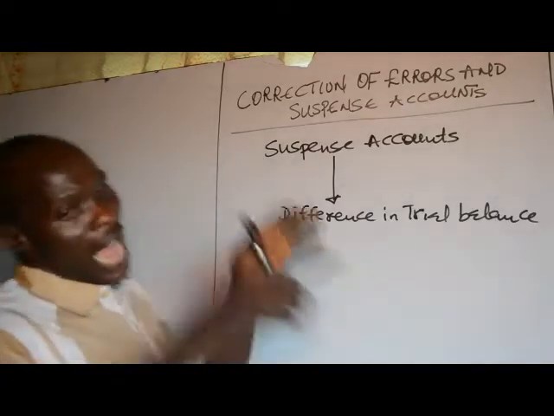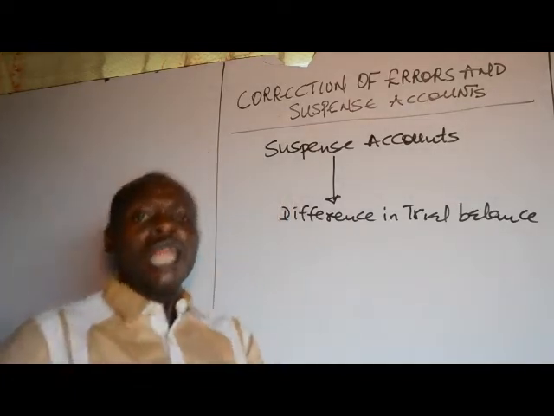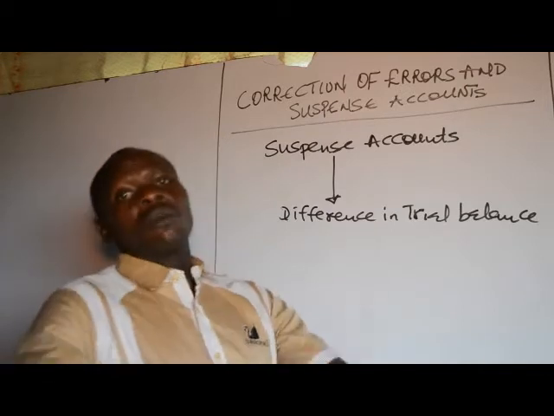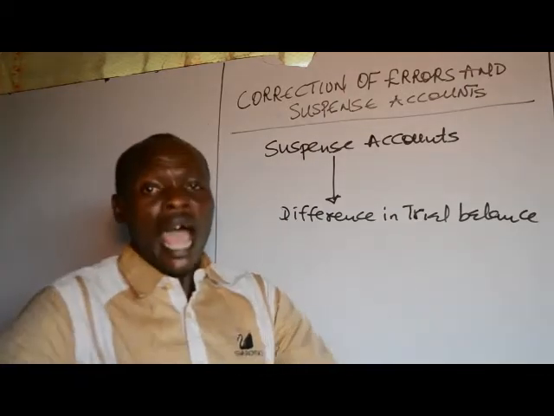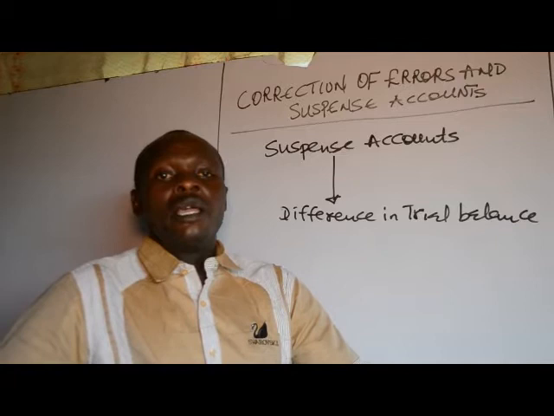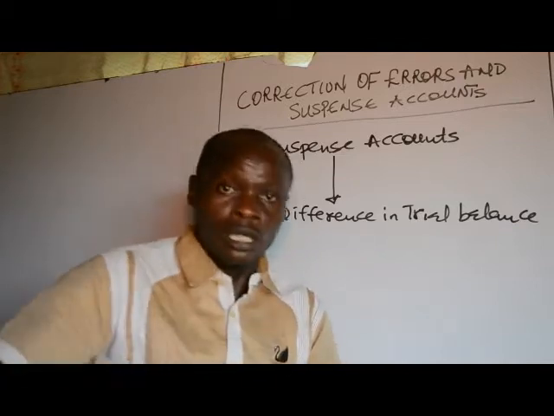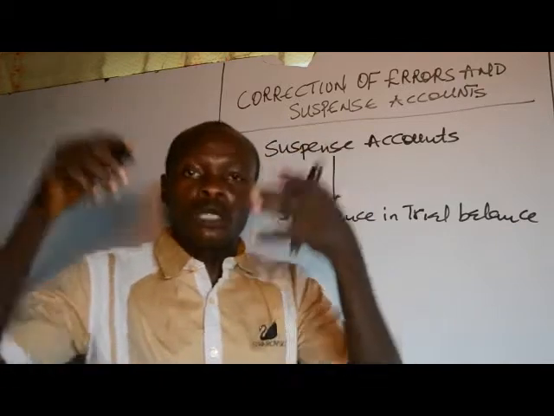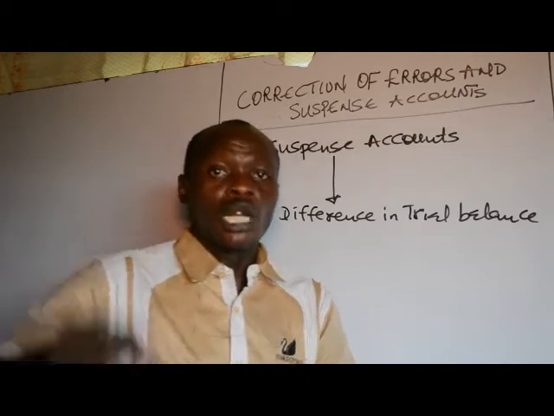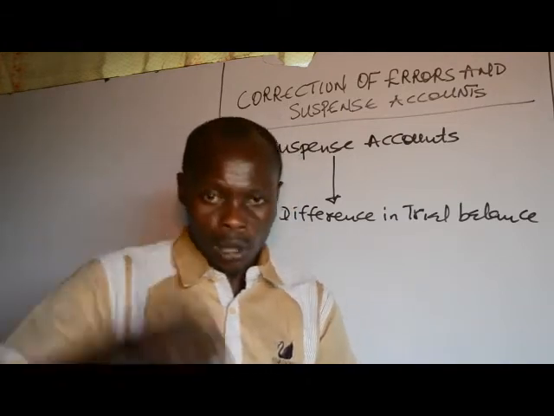So, what are the errors that will affect the agreement of the trial balance? Or what are those errors that the trial balance will disclose?